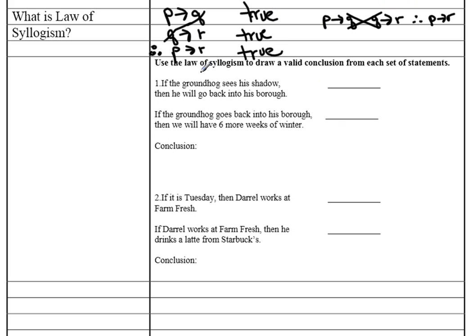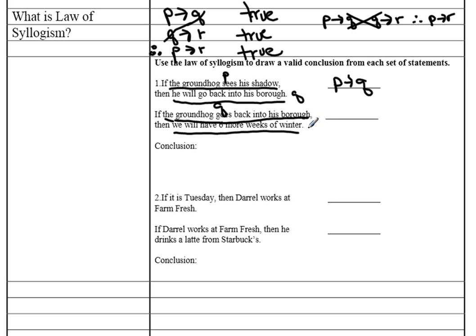So let's see this as an example. If the groundhog sees his shadow, so anytime we reference a groundhog seeing his shadow, that's P, then he will go back into his burrow, that's Q. If the groundhog goes back into his burrow, we already called that Q, then we will have 6 more weeks of winter.